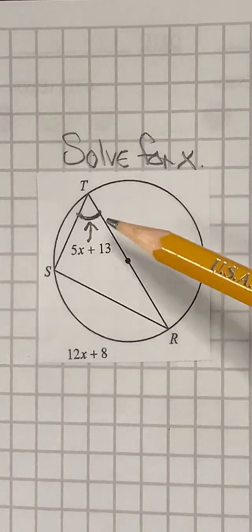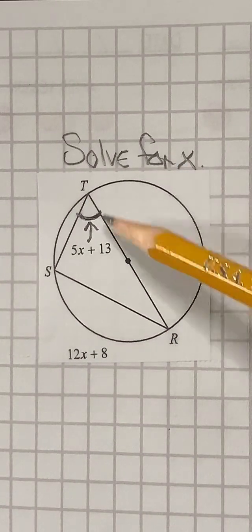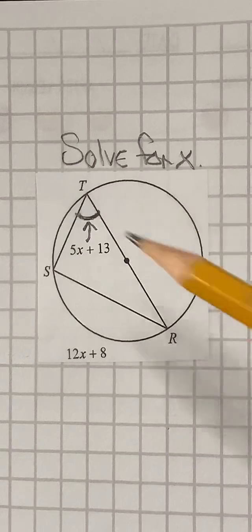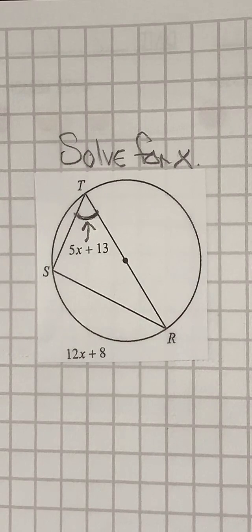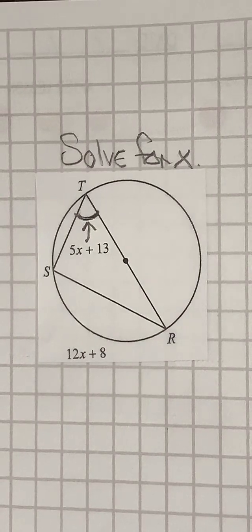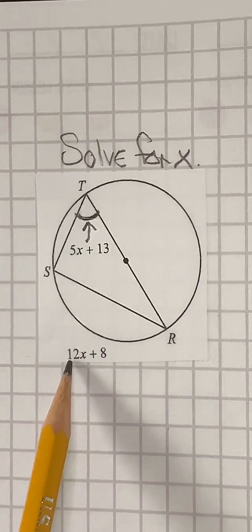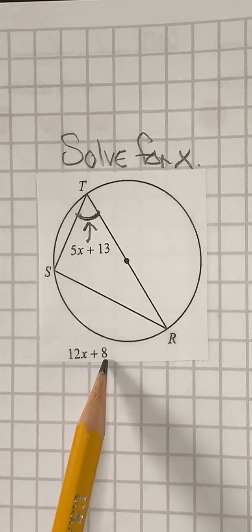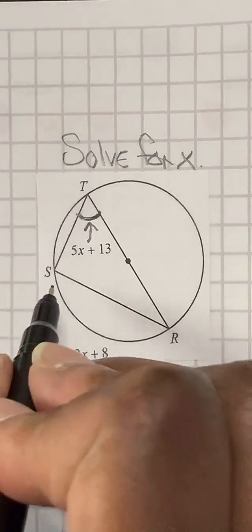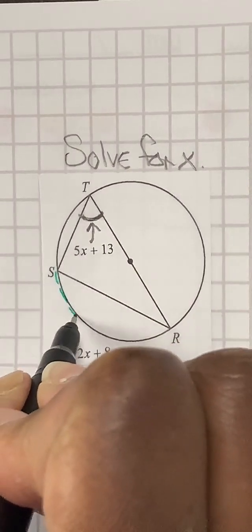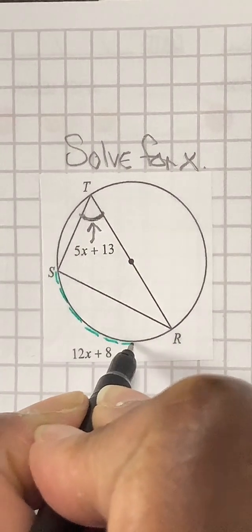Yes, Jonah. So 5x plus 13, that is our angle T. Ooh, good question, trainer. Okay. This 12x plus 8, that's representing the measurement of this arc.